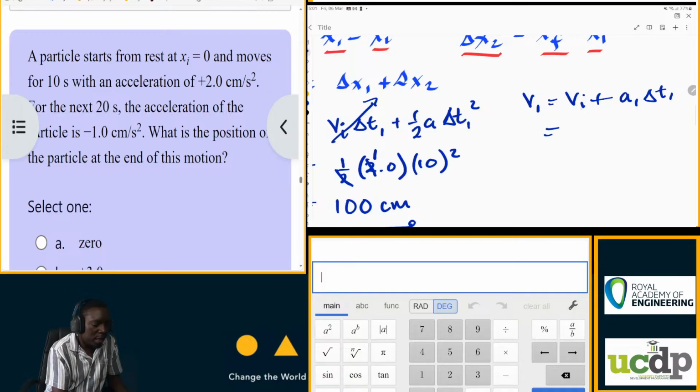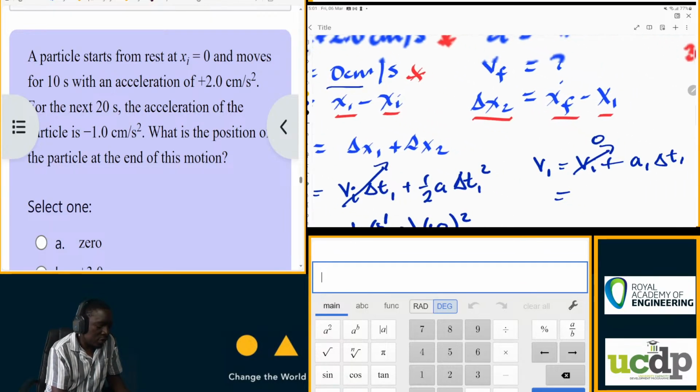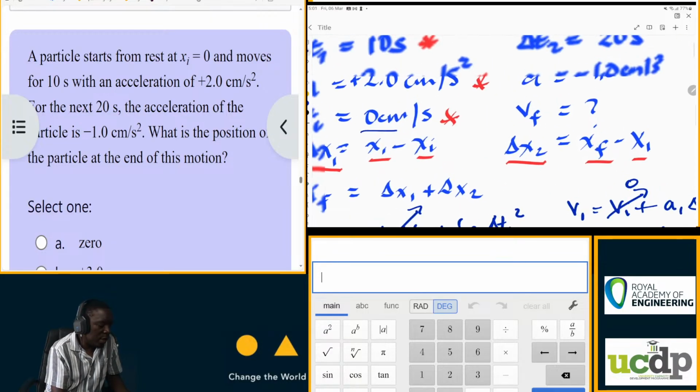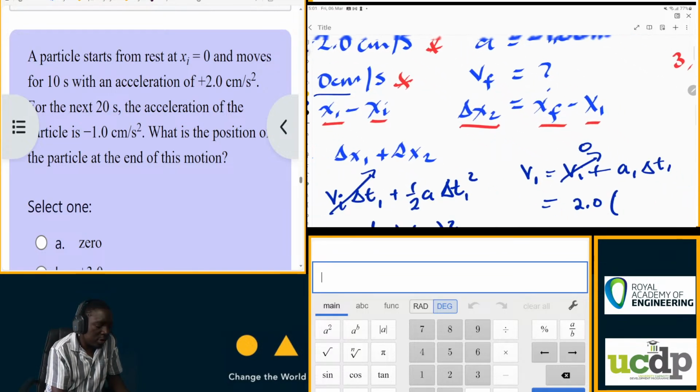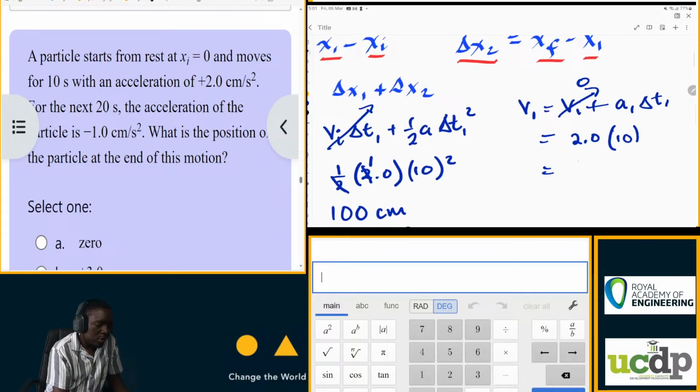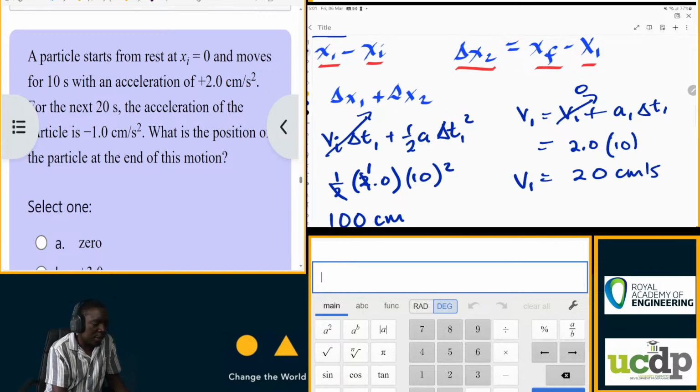V initial is 0. And acceleration, we're given an acceleration of 2.0 centimeters per second squared, multiplied by delta T1, which is 10 seconds. So we've got 20 centimeters per second as our velocity.